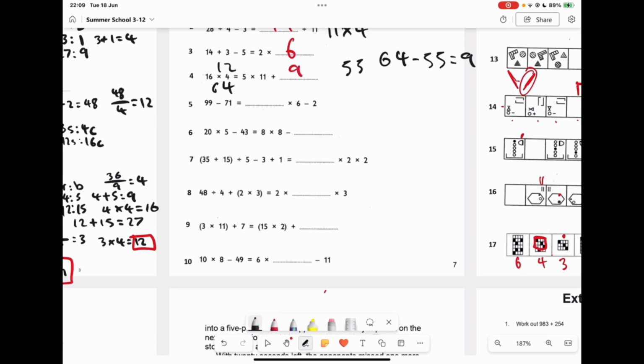Next is question 5. For question 5, we're looking at 99 minus something, minus 71, which is equal to, well, 99 minus 71, that's 28. And then something times 6 minus 2 is equal to 28. So as we know, we always do multiplication first. So first we have to subtract 2. So that's 26.